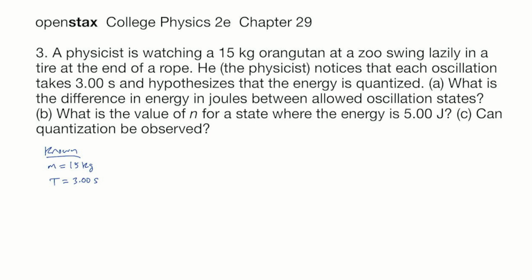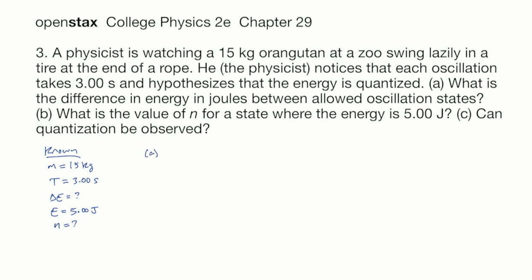So we need to find the difference in energy, delta E, for the allowed oscillation states. We need to find N, given an energy of 5.00 joules. And then we need to answer the question, can quantization be observed?